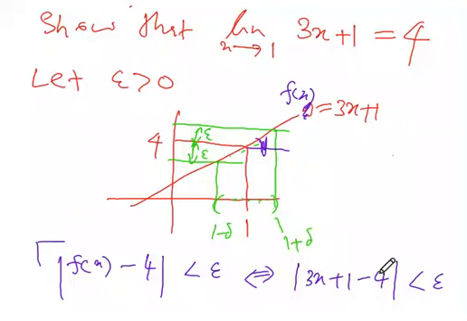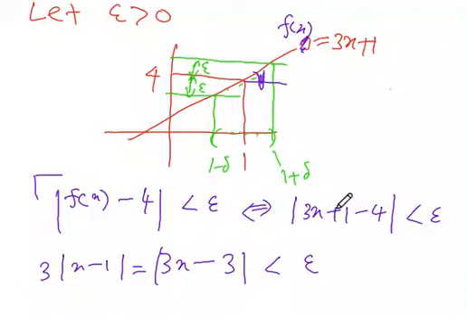Let's simplify this. When you simplify the inside of this modulus, 3x plus 1 minus 4, 1 minus 4 is minus 3. So you get 3x minus 3 inside the modulus, less than epsilon.